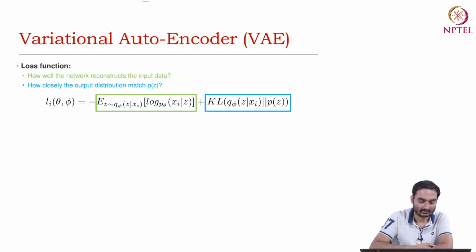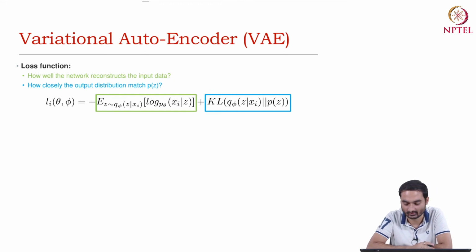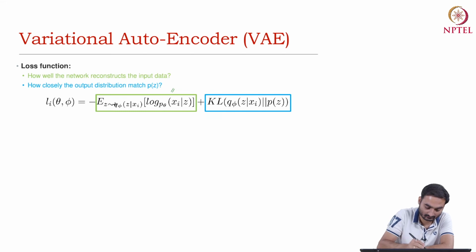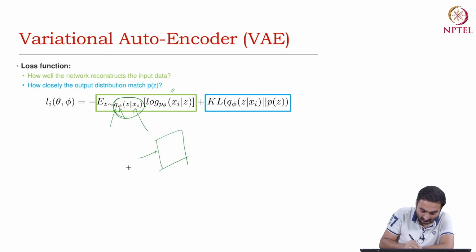If you look at the loss function in variational autoencoder, there are two loss terms. The first one is the simple log loss. Q is the encoder, and phi is the parameter. xi is fed to the encoder, and it produces q phi.